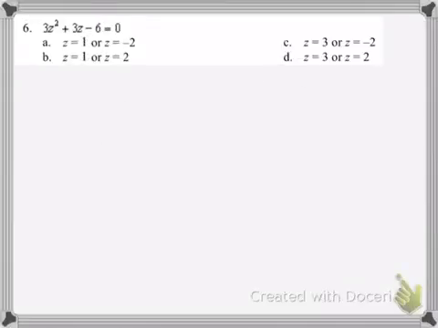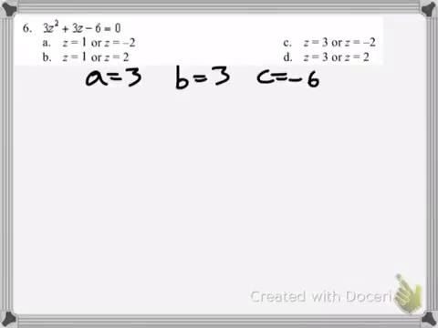Alright, here we go. This one is a quadratic formula. If I did that, it'd be A equals 3, B equals 3, C equals negative 6. We could also factor this one if you wanted to. You could just set the box up like we've been doing.